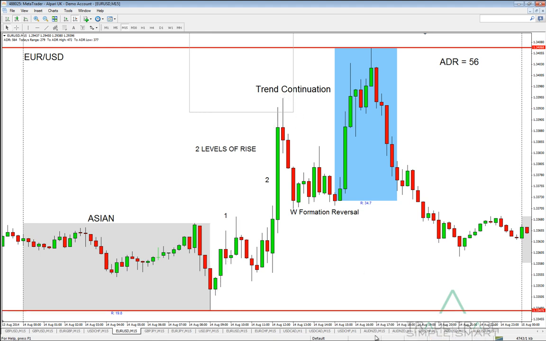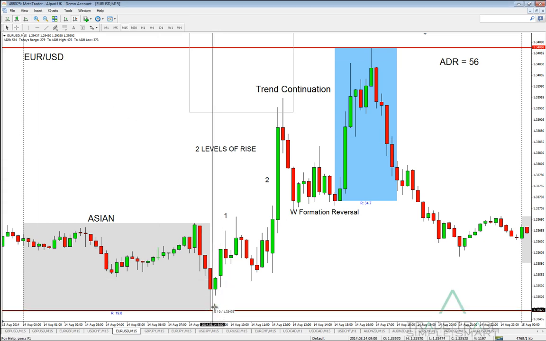We only have 2 levels of rise leading into the US Open, so we can tick our second box, and then we have a reversal just prior to the open in the form of a stop hunt formation, so we can tick our third.